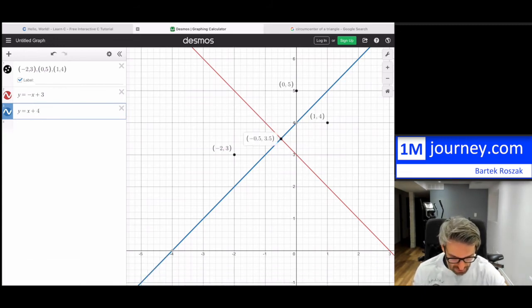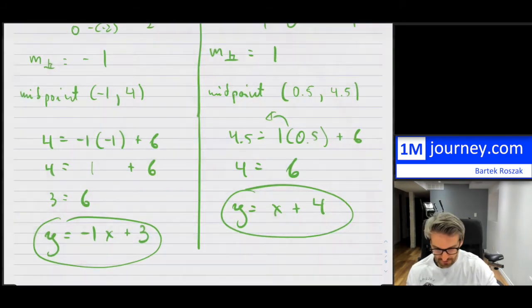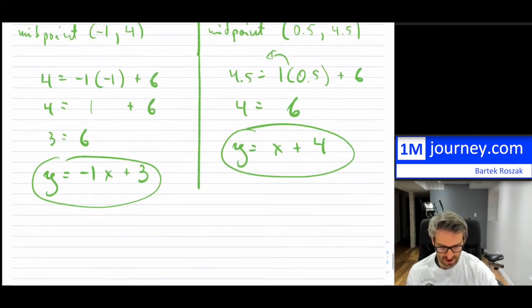And so our point of intersection, notice this is where the two lines intersect. It's going to be negative 1/2, 3.5. That's the point of intersection. That's the point that we were looking for. So that's our circumcenter right there. So we have found that.